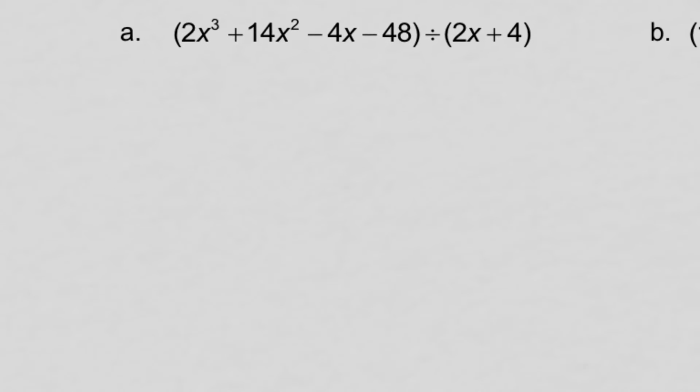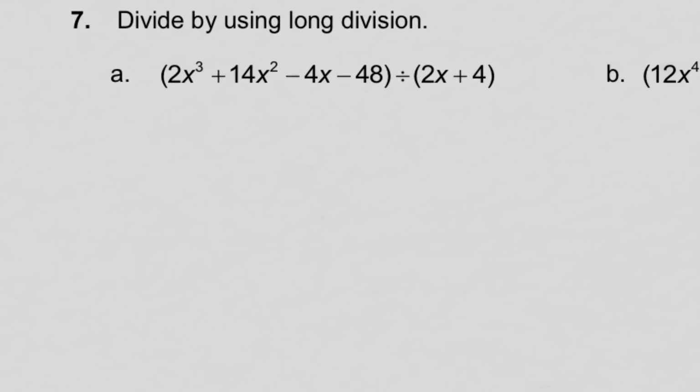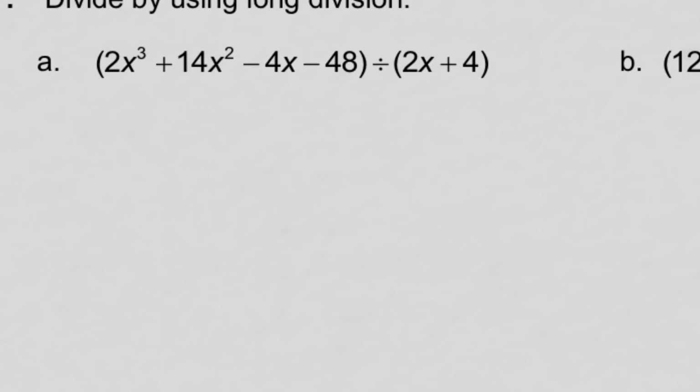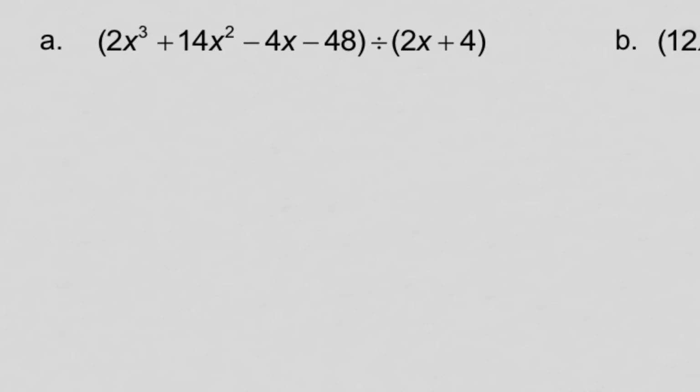Here we go. Let's start with A. Divide using long division. So no synthetic, long division in this case. So what I'm going to do is set it up for long division by writing the 2x cubed plus 14x squared minus 4x minus 48. It doesn't seem to be missing anything, but double check.